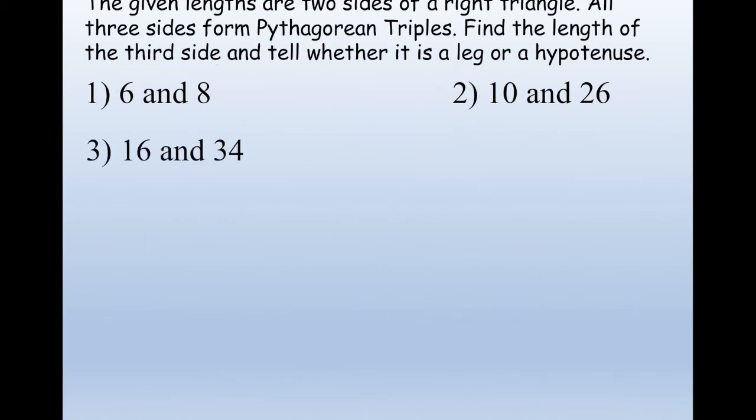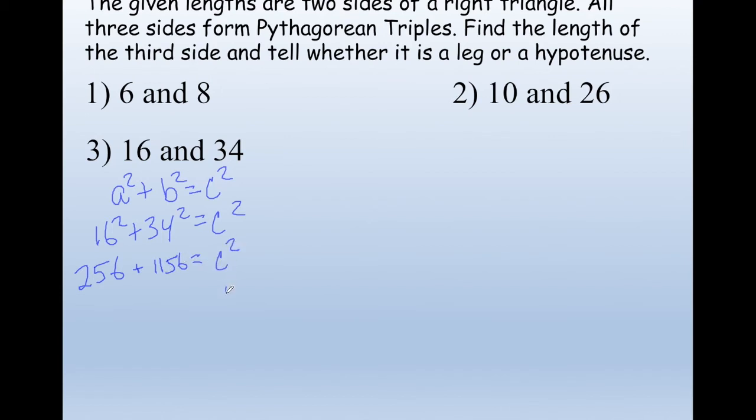Okay, problem number 3. Hit pause, see if you can find the third number that makes a Pythagorean triple and tell us what it is. Okay, we're glad you're back. Let's see what you got. I'm going to take the a squared plus b squared equals c squared: 16 squared plus 34 squared equals c squared. 256 plus 1156 equals c squared.